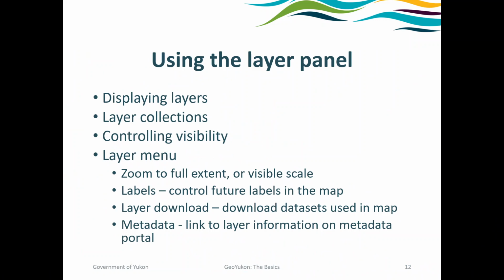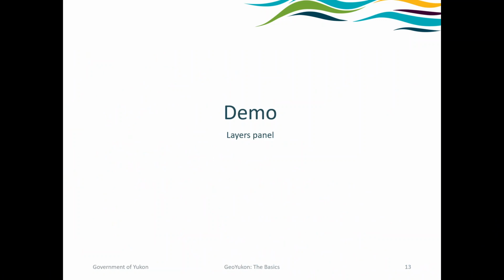How to download layers, and I'll show you how to get to the metadata, which is stored on premise, and that contains all the information related to the layer that you're seeing. So if you want to know a little more about what you're looking at, the metadata link is a good way to do that. I'll give you a quick demo here.